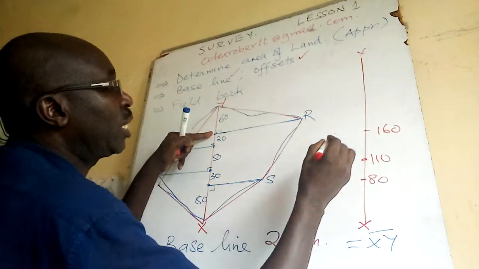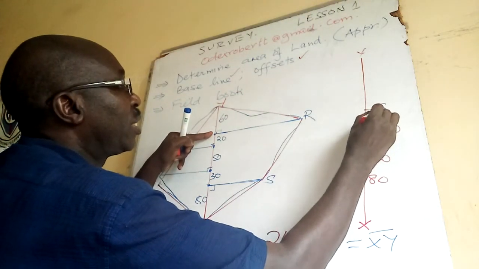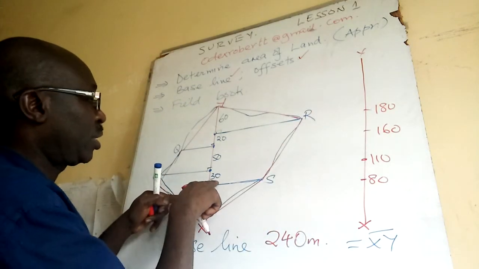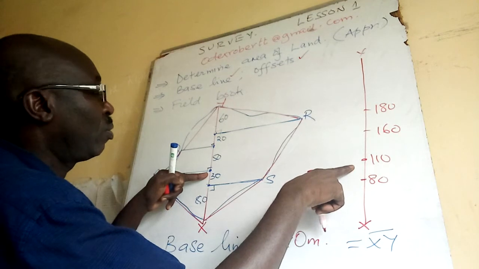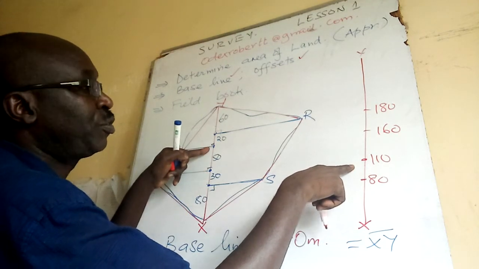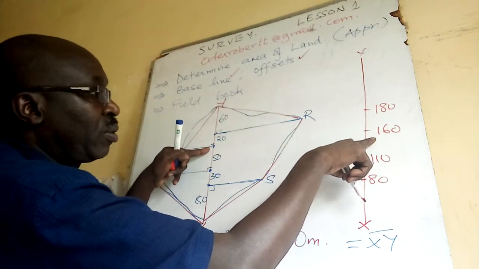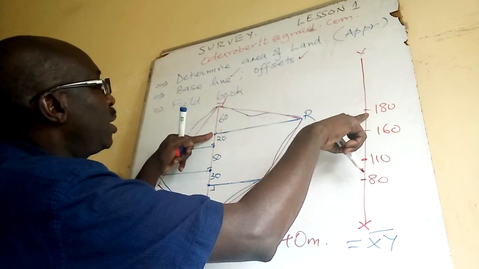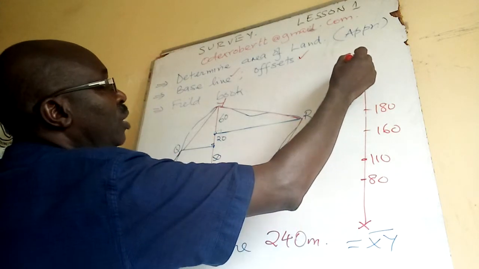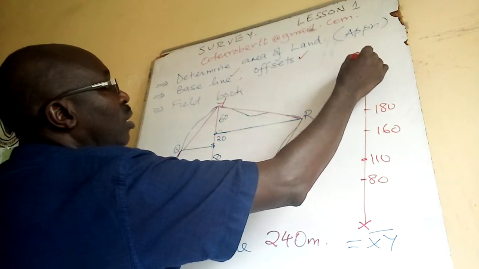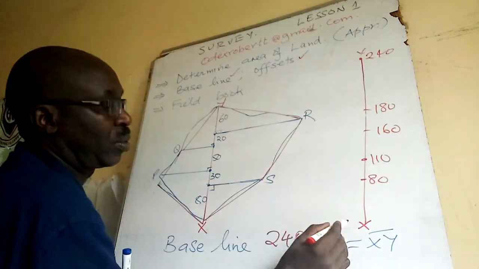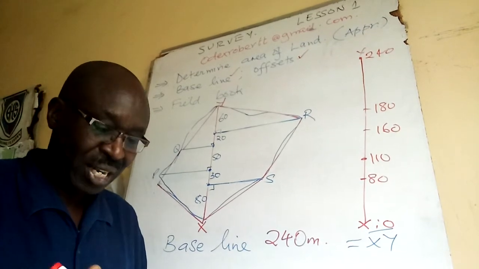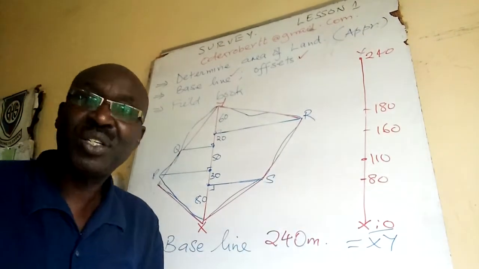The next point is 180. 180 plus 60, 240. That is another version, and this is the version that is tested.